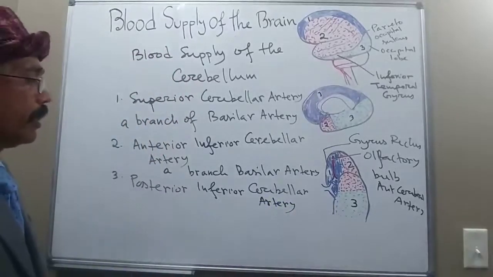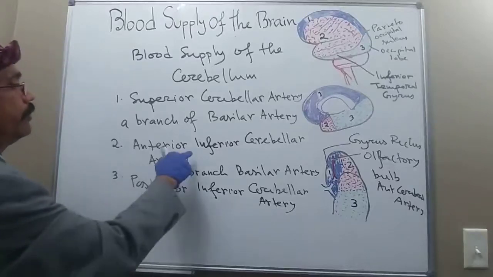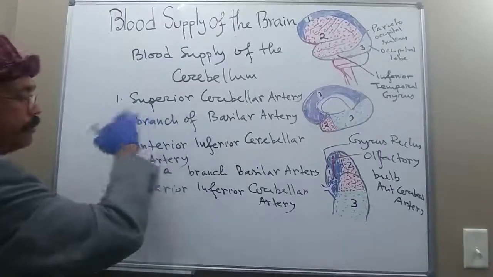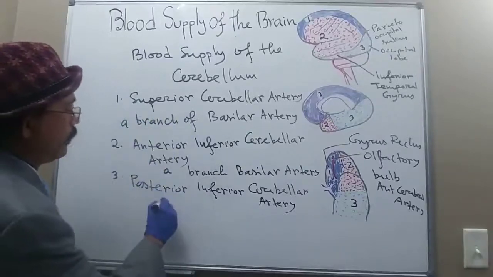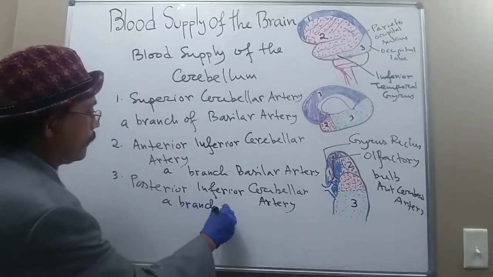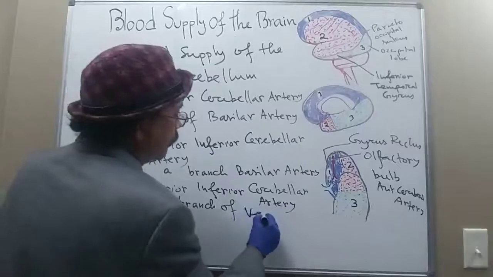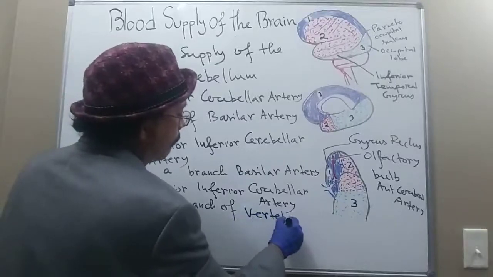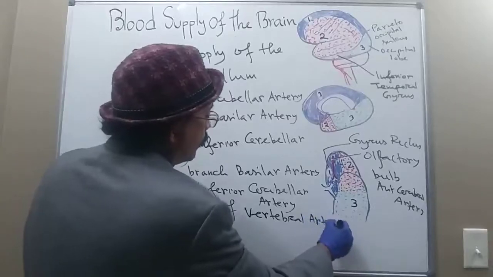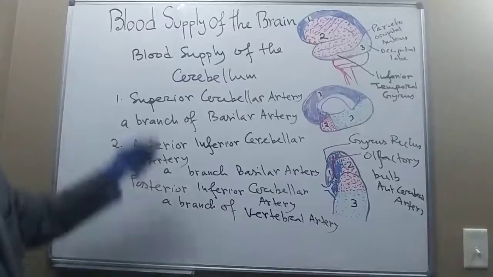We have two here: anterior inferior and posterior inferior cerebellar artery, and the superior cerebellar artery. This is a branch of the vertebral artery. We got the blood supply of the cerebellum.